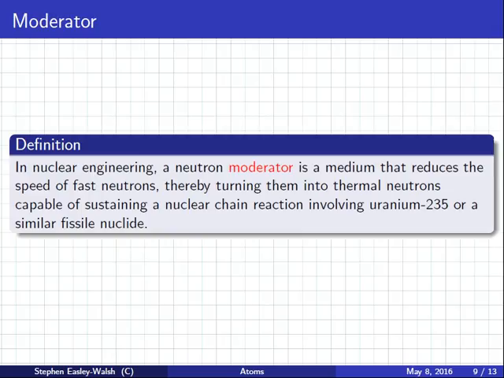So usually what happens is the neutrons are going too fast and you need a moderator to slow them down. Naturally the neutrons want to go very fast. The moderator slows them down, like a speed bump.